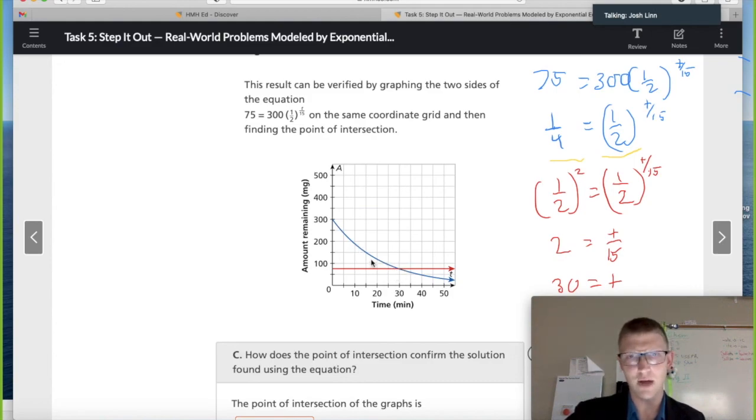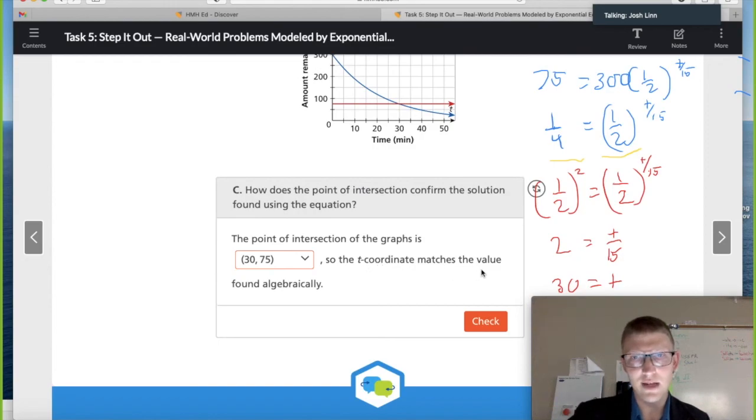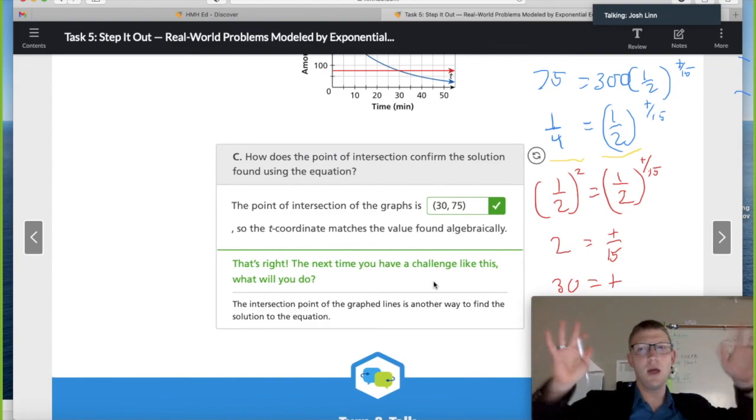You can also use your calculator to do the intercept, and it would tell you the coordinate would be 30, 75. The point of intersection of the graph is 30, 75. So the coordinate t matches the value found algebraically. Yay!